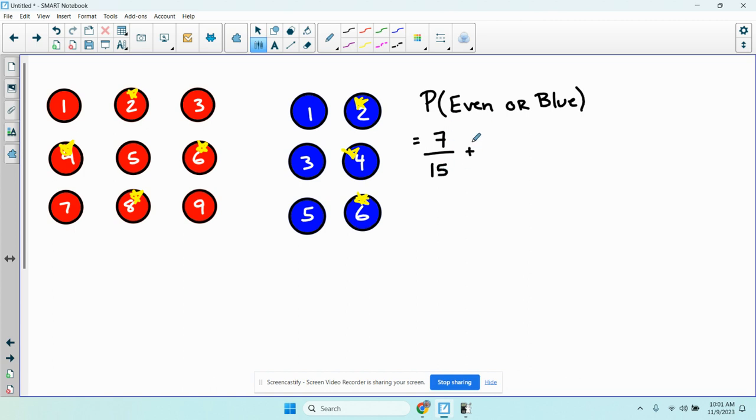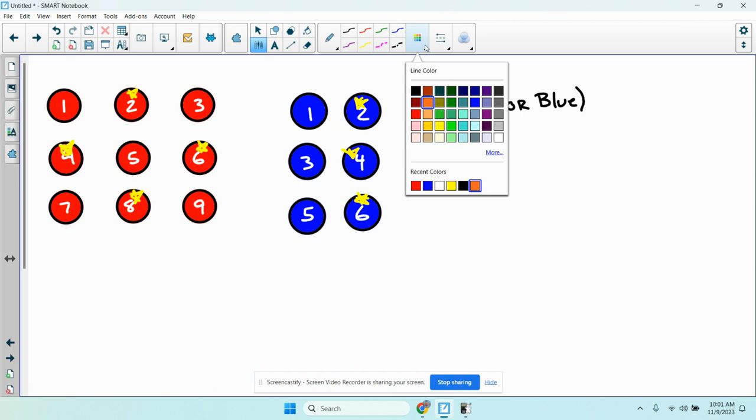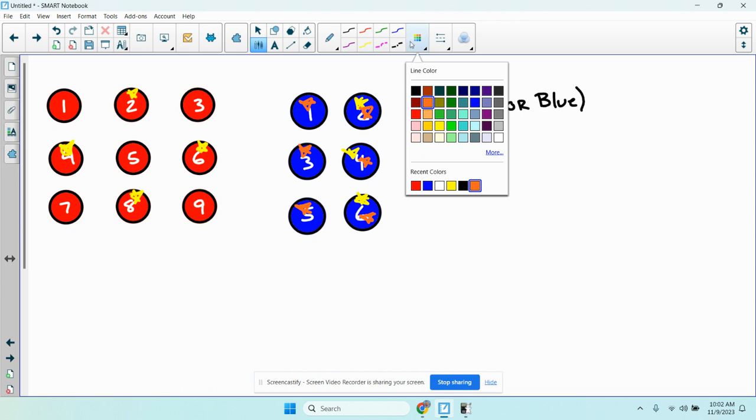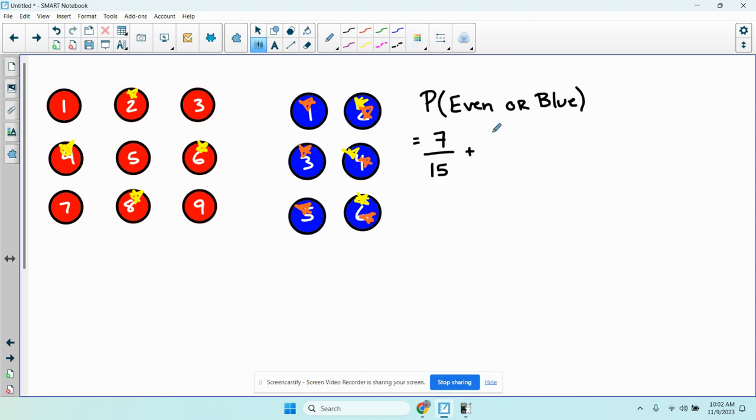Okay, then I'm going to add the blue marbles. The blue, I have 1, 2, 3, 4, 5, 6. I have 6 blue marbles. So that's going to be 6 out of 15. But that's too many.